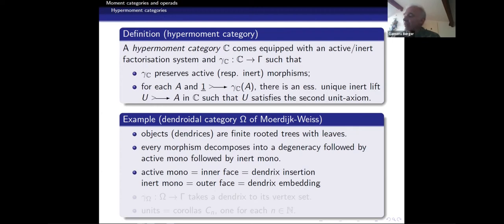And the geometric meaning of an interface map and an autophase map is completely different. So an interface map is an insertion of a tree into a vertex of another tree.